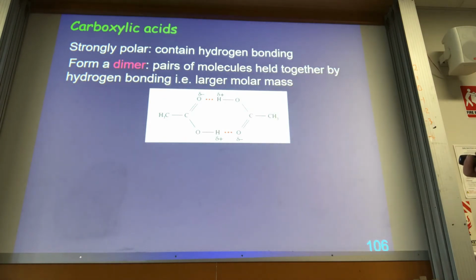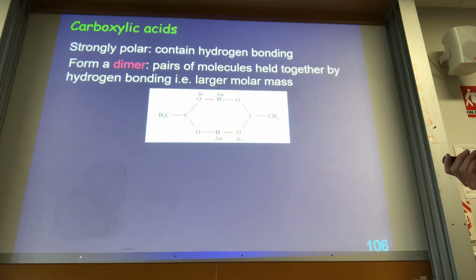Carboxylic acids, again, strongly polar, contain hydrogen bonds, even form ions in aqueous solution. And there is that formation of a dimer. Two carboxylic acid molecules pair up with each other, and you get hydrogen bonds formed between adjacent carboxyl groups.